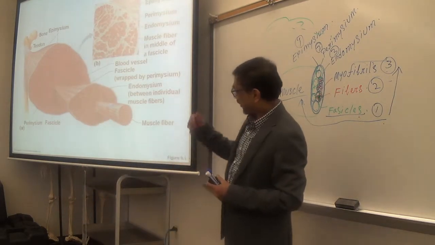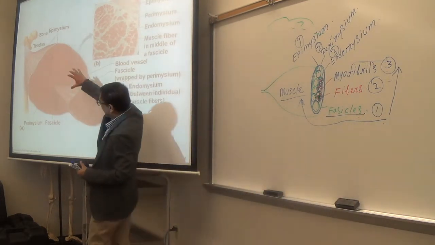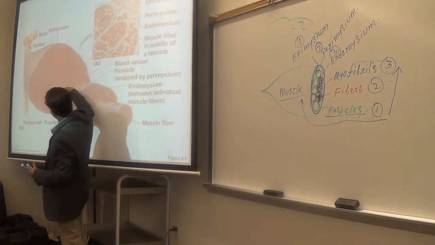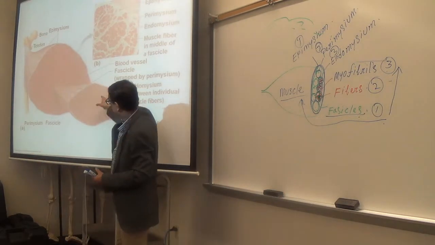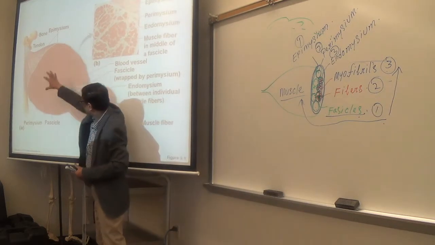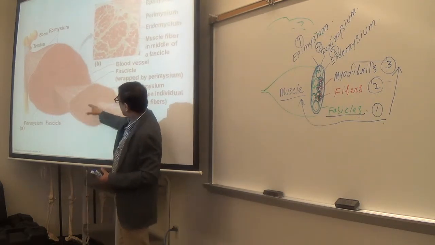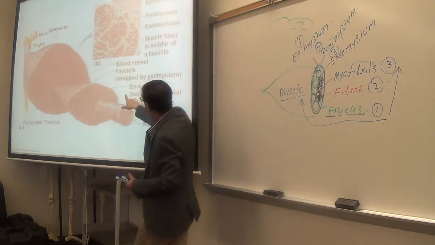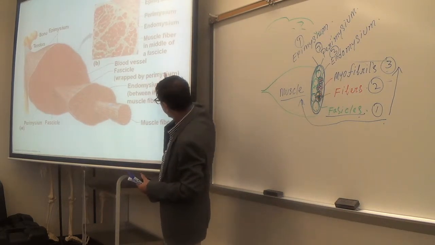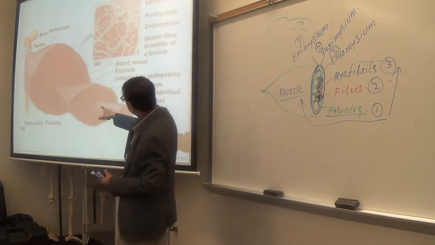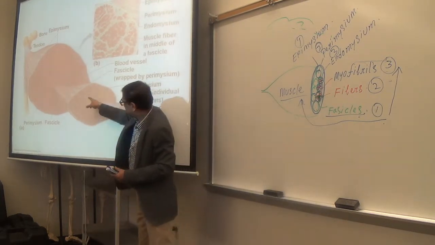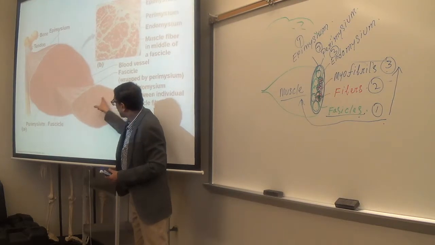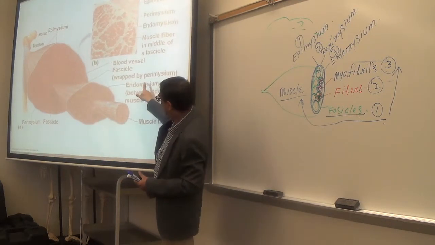Here you see the same thing. This is the whole muscle covered by epimysium, and this is one fascicle. There are many fascicles. This is just one, covered by perimysium. Inside the fascicle you have the muscle fibers covered by endomysium.